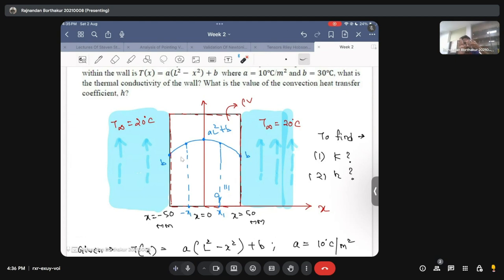This means the energy being generated inside this slab has to be dissipated to the fluid, because there is no phase change taking place at the fluid solid interface. Again I repeat, whatever energy is generated inside this slab will all be dissipated to the fluid.